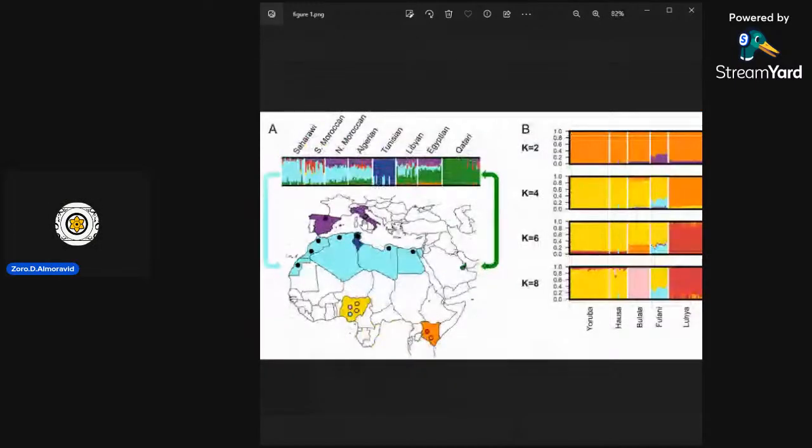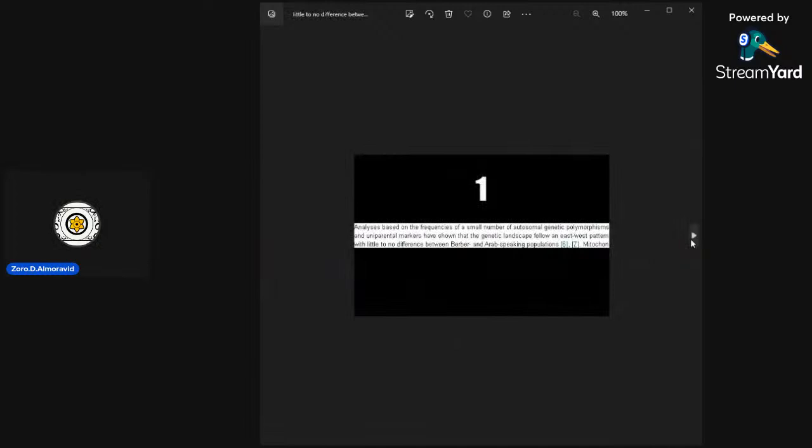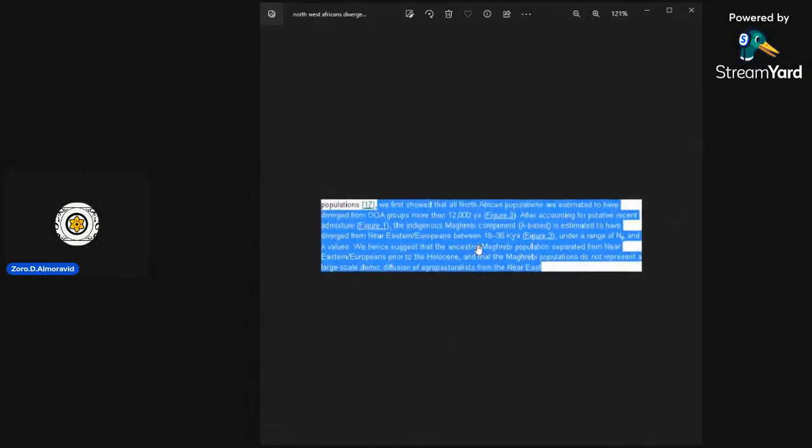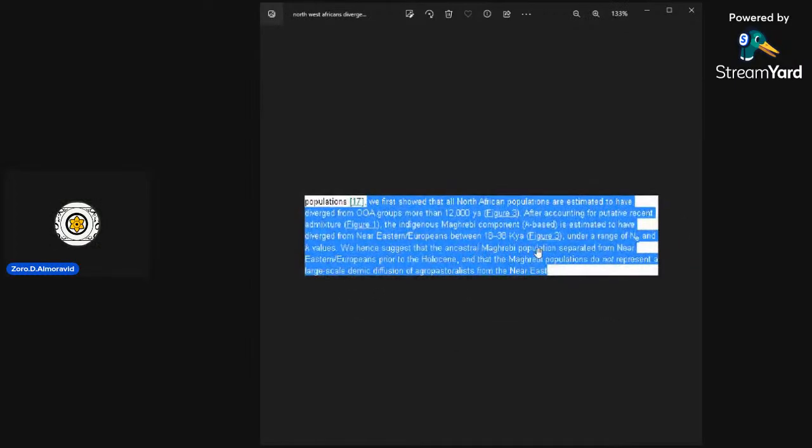No. But it mainly signifies, according to this study here, a remaining of the populations that diverged from the Amazigh 18 to 38,000 years ago.